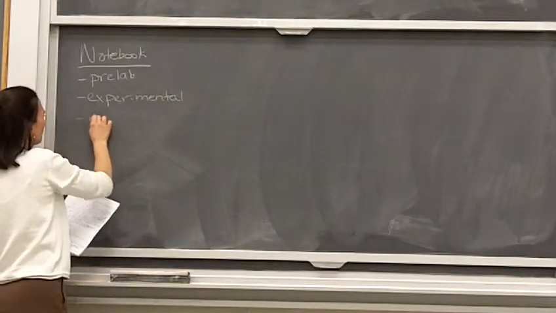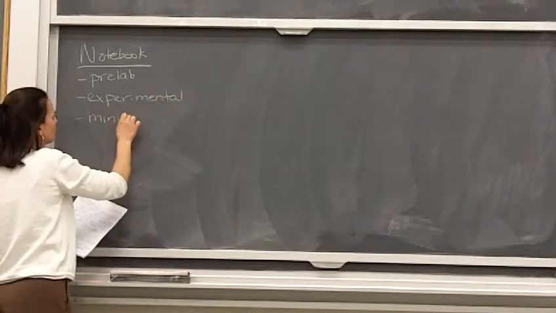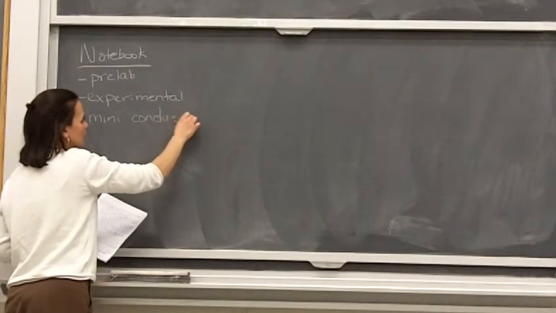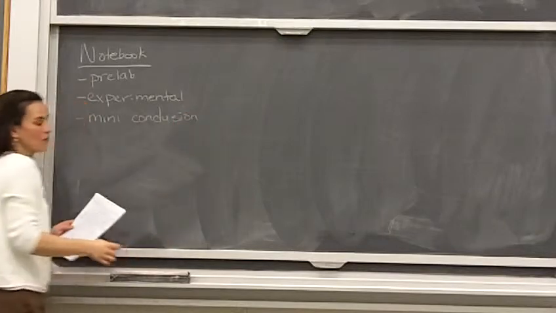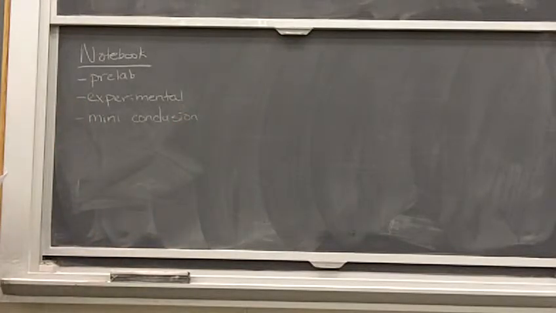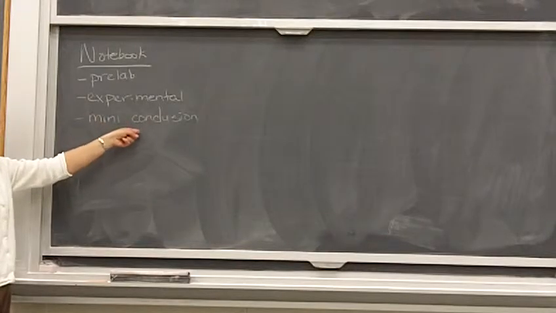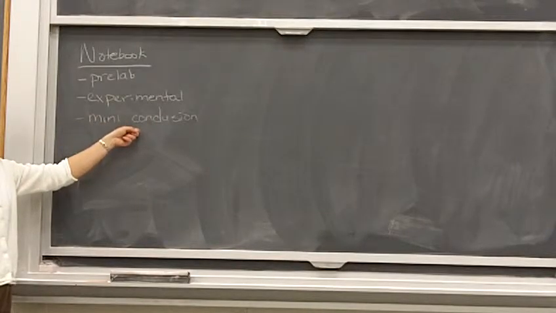Then you're going to write a mini conclusion after you get your data back. So you're going to have yield, you're going to potentially have melting points, you're going to have IR data, you're going to have NMR data. Once you get that data back in your notebook, before you start part C, you need to have written a mini conclusion that summarizes that data that you collected.